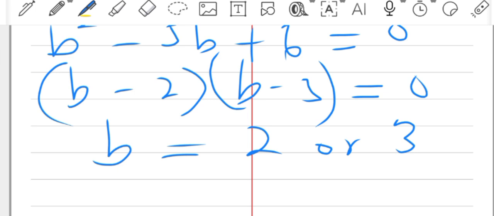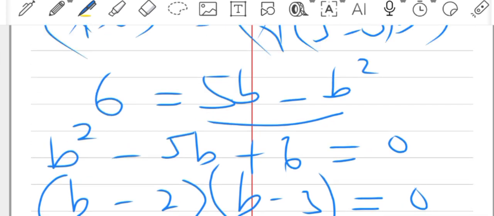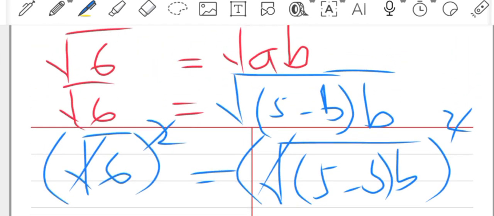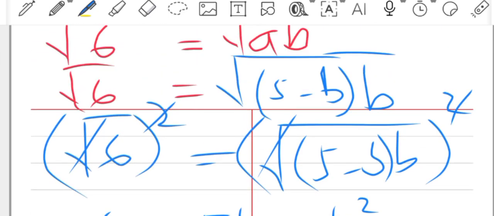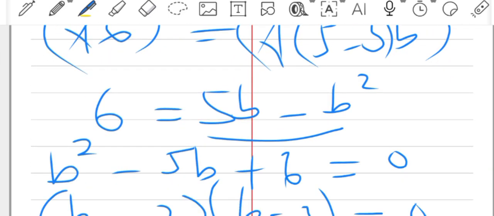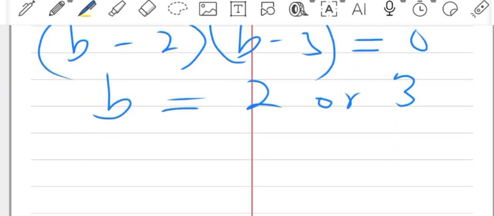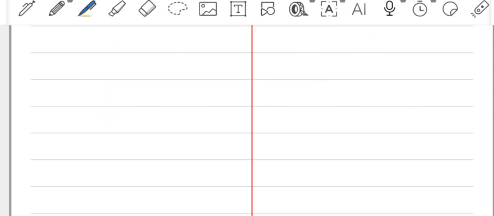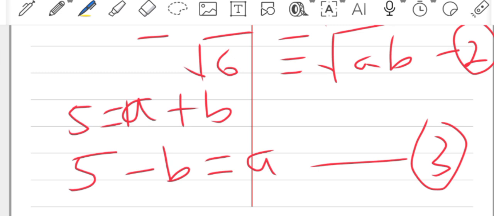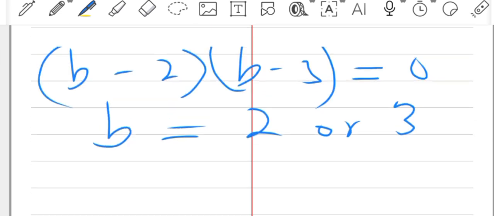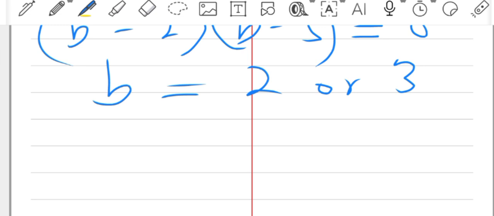Now we come back to our initial equation, 5 minus b is equal to a.